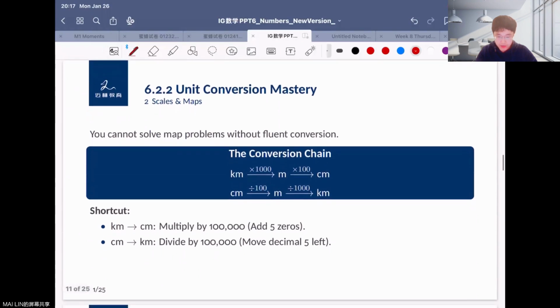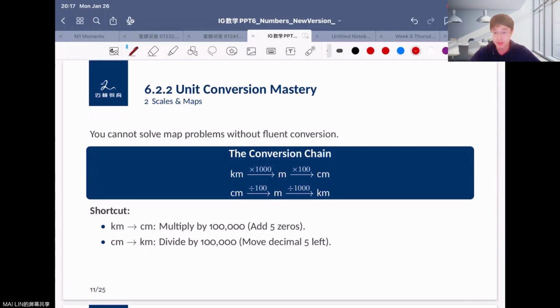Here are some unit conversions from your earlier learning, and I hope you can review them. For kilometer to meter, 1 kilometer equals 1,000 meters, so the conversion ratio is 1,000. From meter to centimeter, 1 meter equals 100 centimeters, so we multiply by 100.